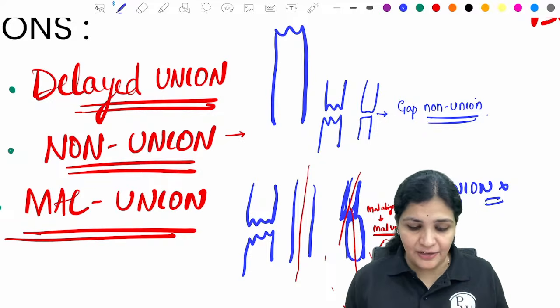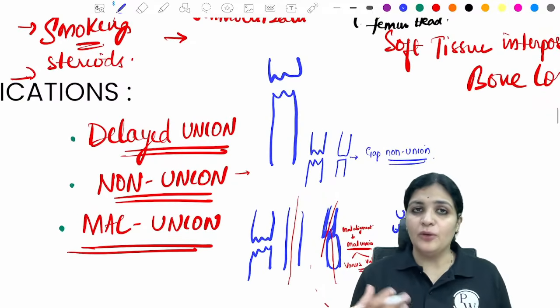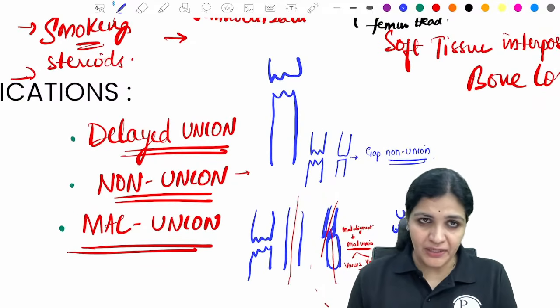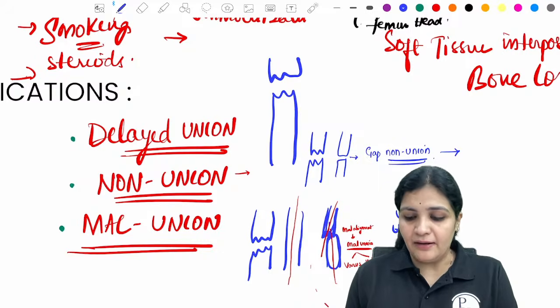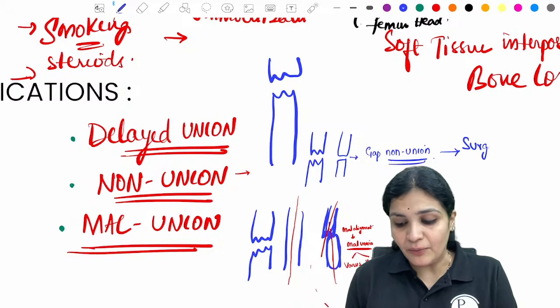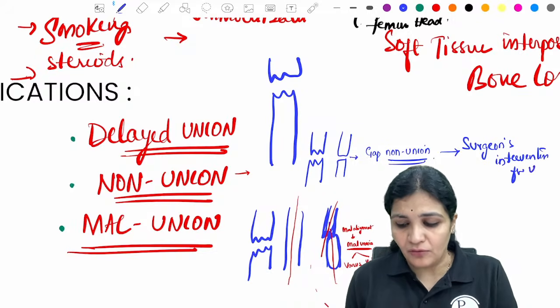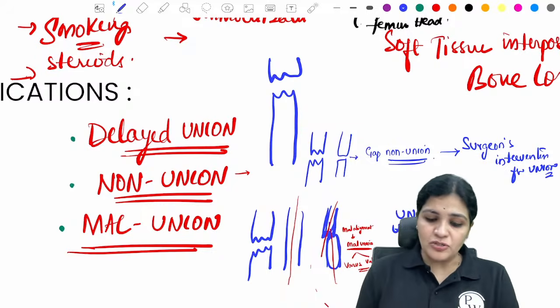So one is the delayed union. Delayed union means still you can wait for union to occur, right? Non-union, you need the surgeon's intervention. So that is the definition. Whenever you need surgeon intervention for union of the fragments, it is called non-union.